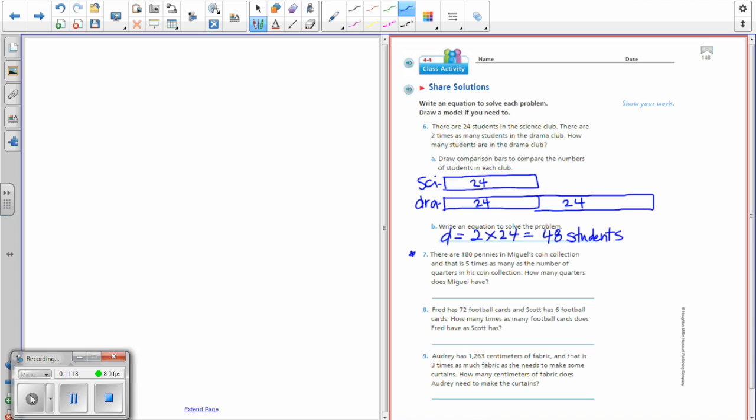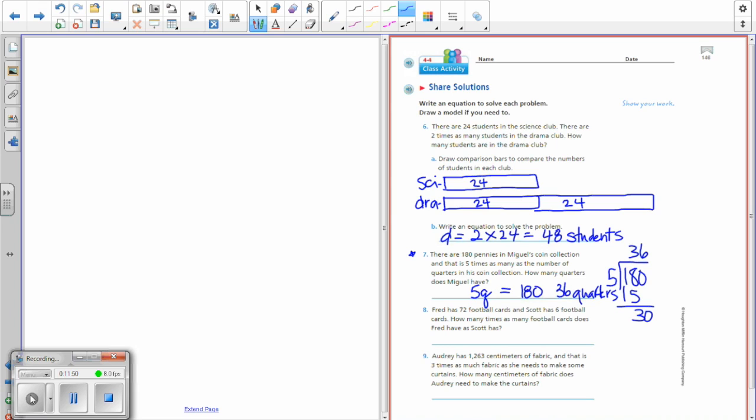So I have to take 180 pennies equals 5 times the quarters that he has. So if I divide 180 by 5, I have 36 quarters.